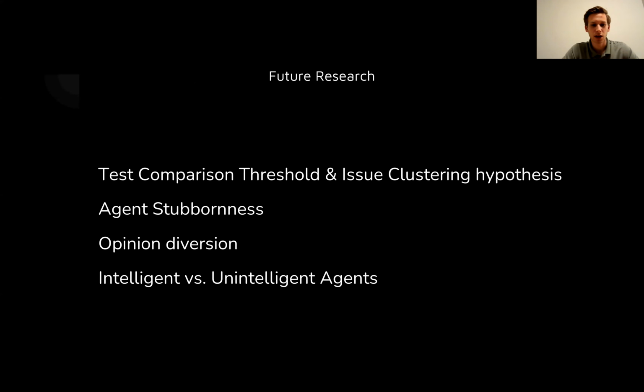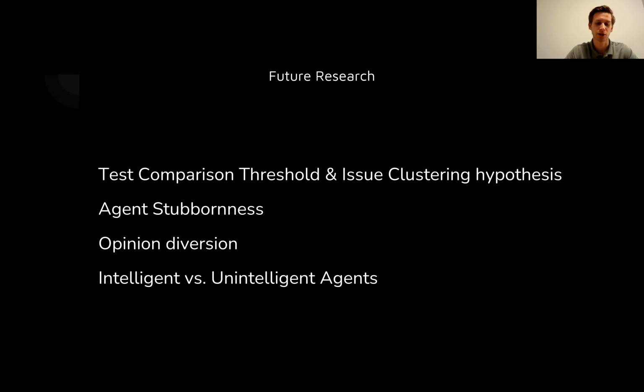And then next we could also research opinion diversion, which would be if you run into an agent that is one of your neighbors, and by neighbor, I just mean you're connected with an edge to that person, and if your opinions are far enough apart, then you can actually push each other away closer to the poles, in terms of poles being a 0 or 1.